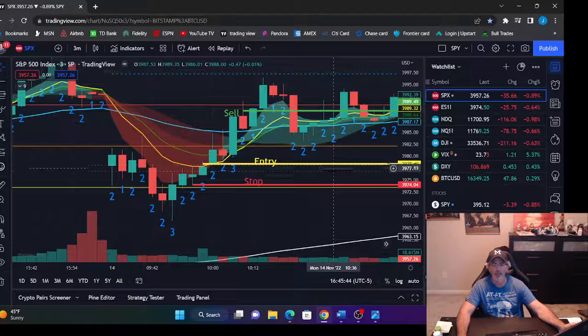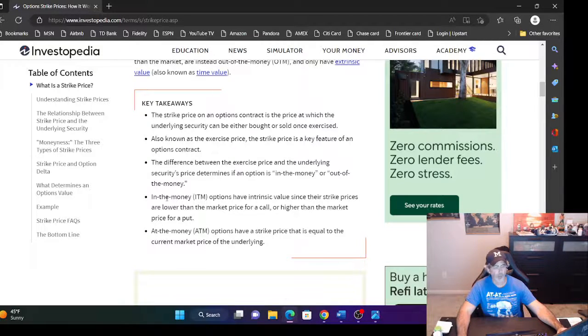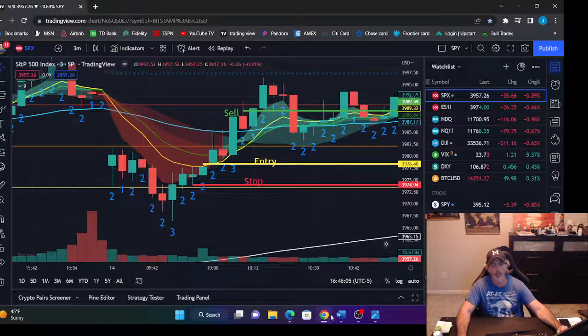If I bought a 39.70 call with the current price at 39.78, that would be a contract that is in the money. So in-the-money options have intrinsic value since their strike prices are lower than the market price for a call or higher than the market price for a put. So what all that basically means is you kind of have built-in equity already.